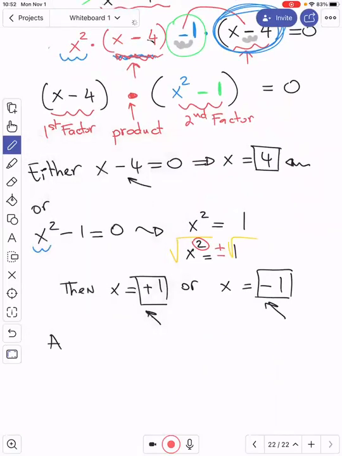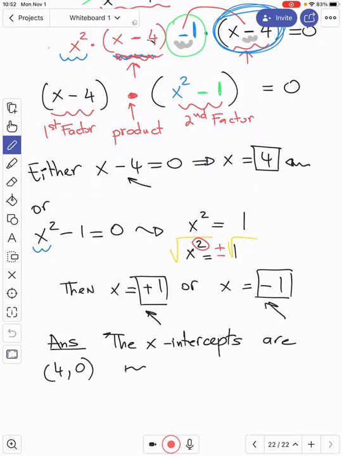So the x-intercepts are, first, (4, 0), and this is just a one-time solution, or multiplicity 1.